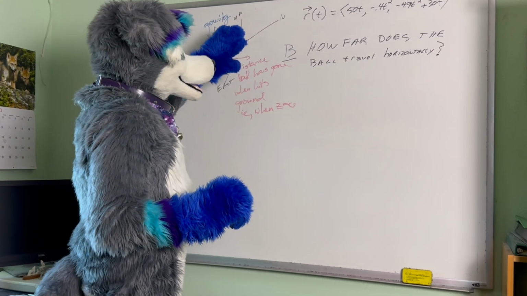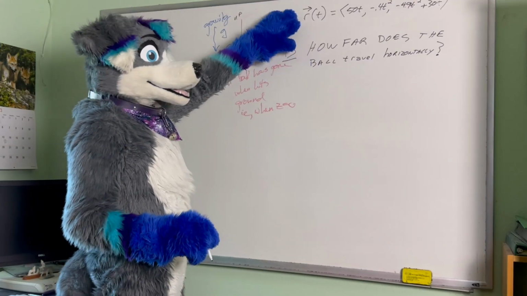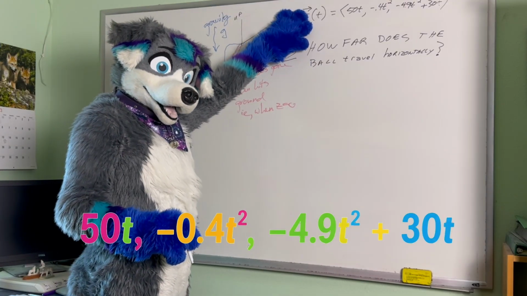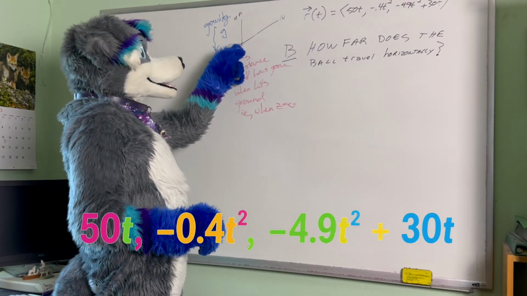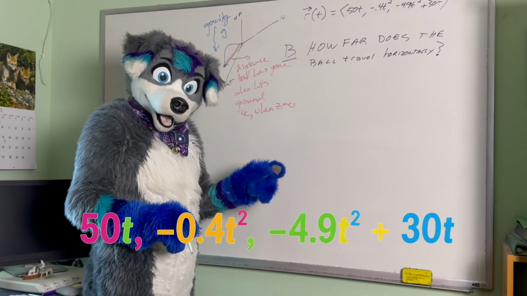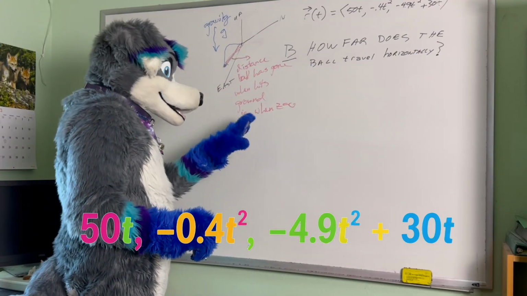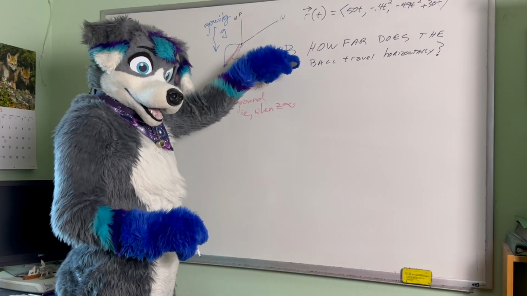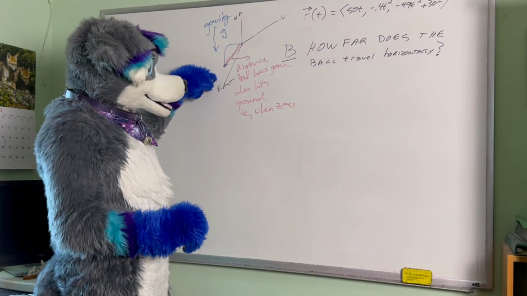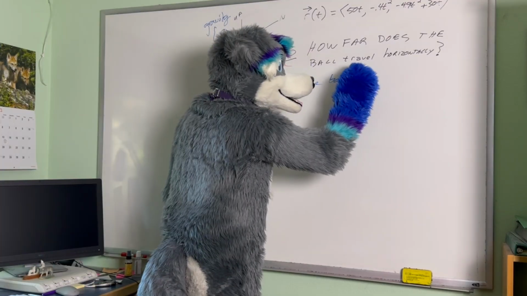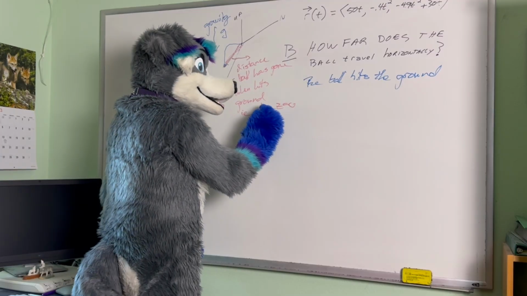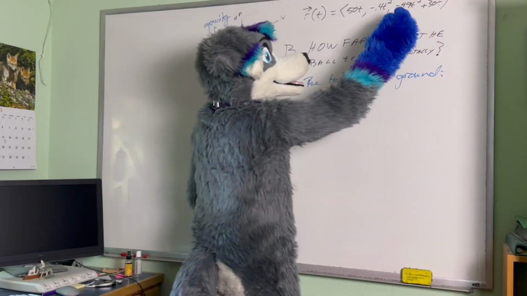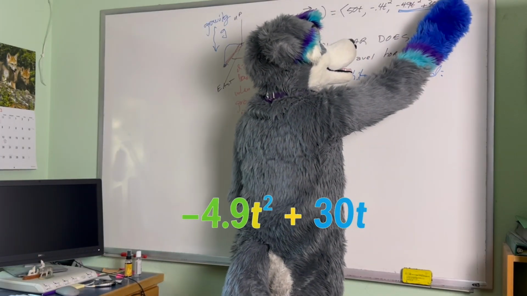So once we've kind of logicked through that, we have our position function. Remember, this is the function that tells us exactly where the ball is at any given time. So the game plan here is to find out at what time the ball hits the ground, and then we'll know the exact position. The ball hits the ground when z equals 0. So what's our z component, or up component?